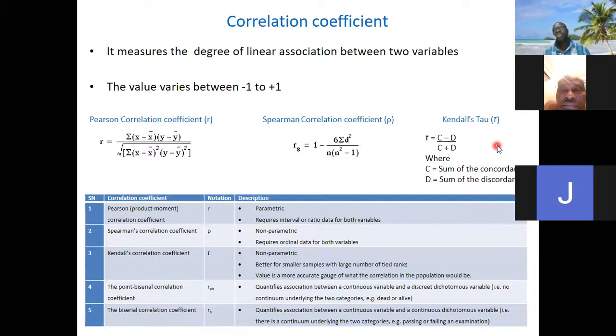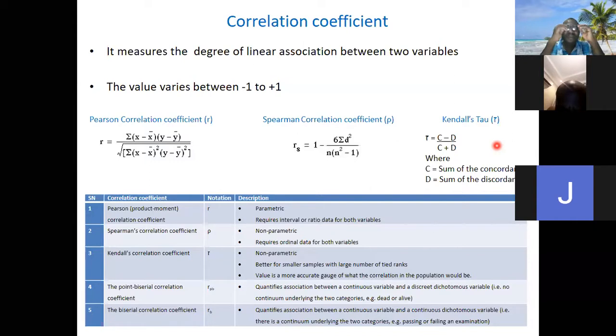Let's look at the correlation coefficient. We know that when we discuss correlation, it's a measure of the degree of linear association between two variables. The value varies from -1 to +1, anything from -1 to +1. But that is the global description.